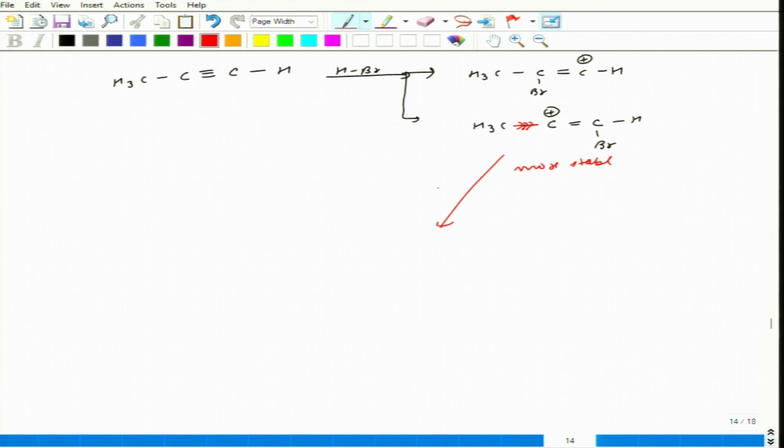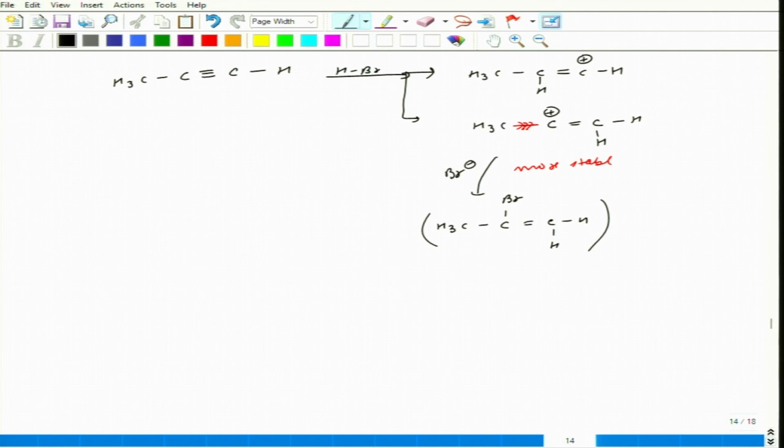So this will be taken forward. Hydrogen will go there, and then the bromide will attack, and this will be more stable. So the bromide will go over there.